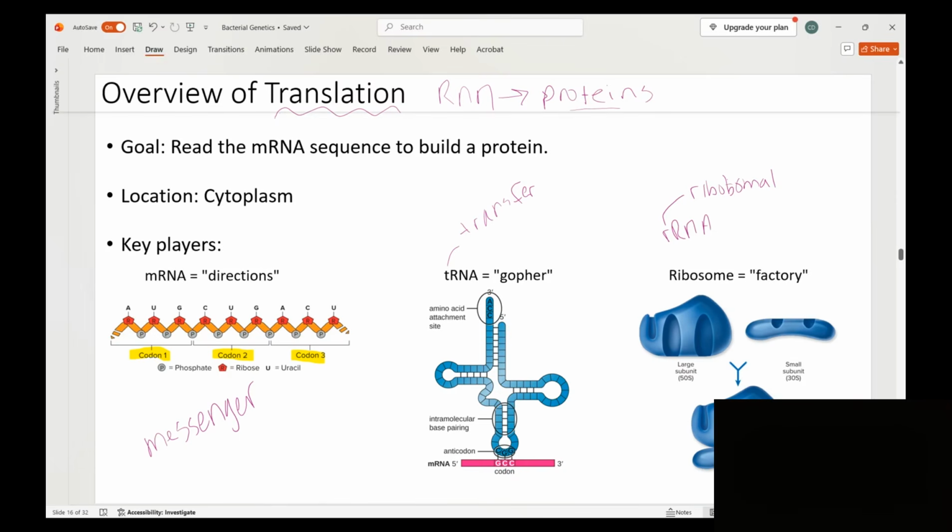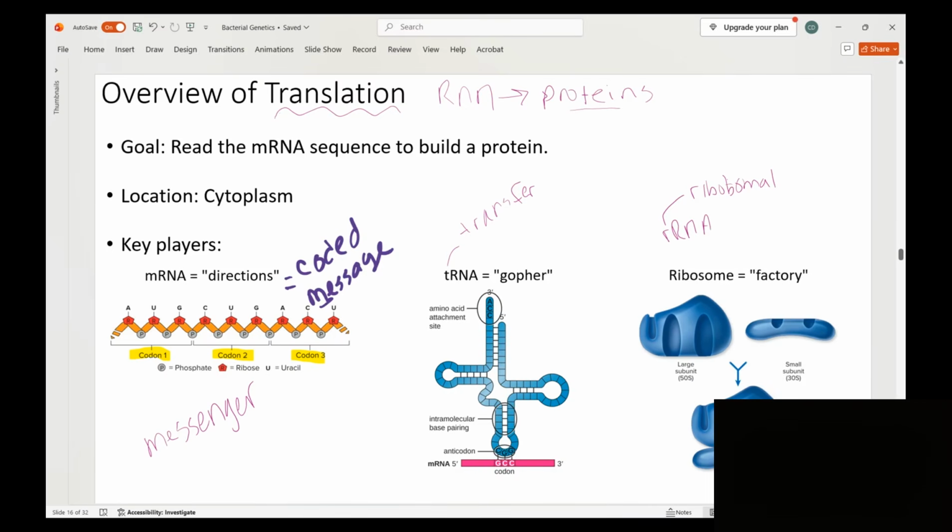So I like to say that mRNA is actually a coded message. That helps me remember that it's the messenger RNA made up of codons. And that distinction, remembering that codons are on mRNA, is going to come into play a little bit later.